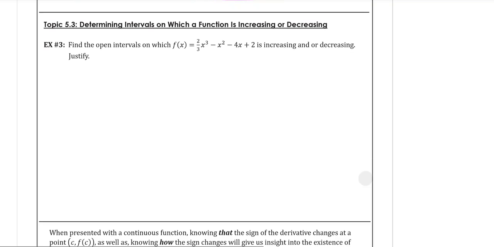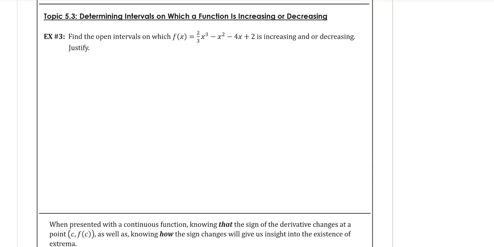Okay, so let's start with an example. We're going to determine intervals on which this function is increasing or decreasing. So we have a polynomial function, and we have to justify our findings. First, we're going to find the critical values, which means finding the zeros of the derivative.